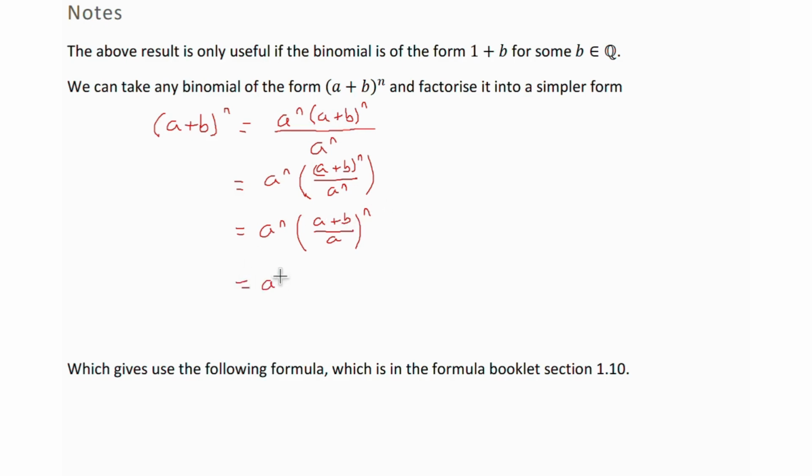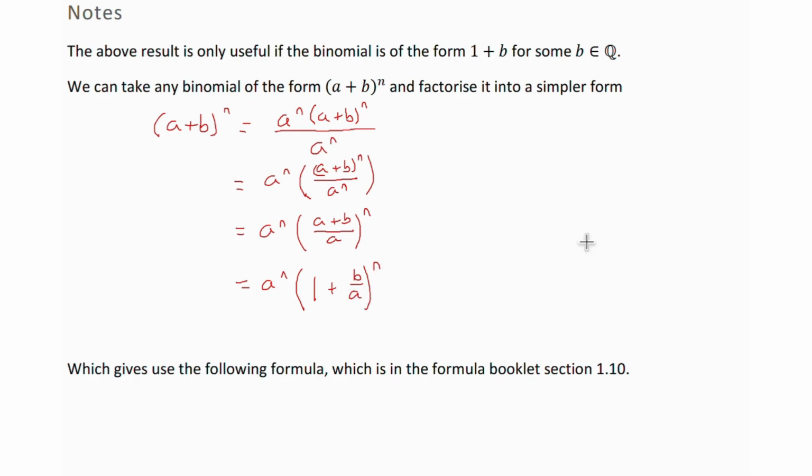But that thing inside simplifies: a over a is 1, plus b over a, to the n. So we can rewrite a plus b to the n as a to the n times 1 plus b over a to the n. Now this bit is of the form 1 plus x to the power of n.